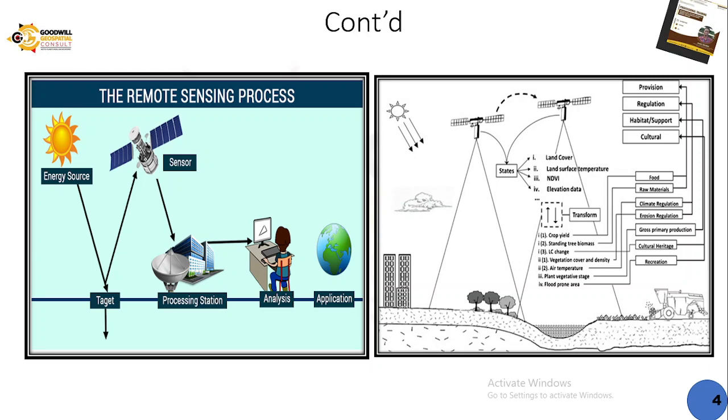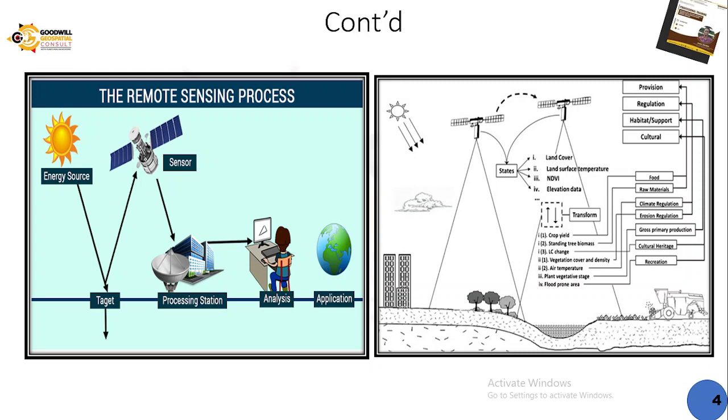So here we have the sun radiating energy to the earth's surface. This energy strikes an object on the earth's surface here. The object, due to its chemical constituents or crystal behavior, absorbs some of the radiations and also reflects some of the radiations.